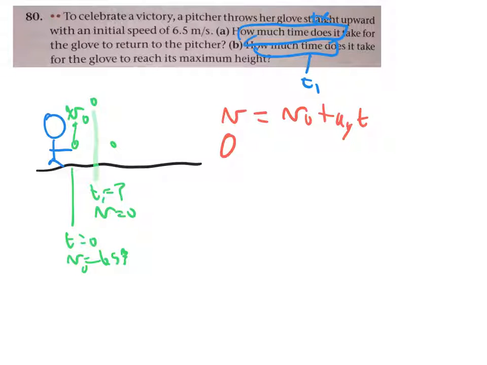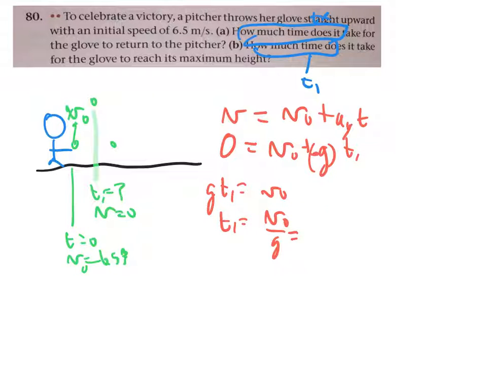So at the highest point, we get 0 equals v0 plus minus g times t1, which allows us to say that g t1 is v0, or t1 is v0 over g, which is 6.5 meters per second over 9.81 meters per second squared, which is 6.5 over 9.81, 0.663 seconds.